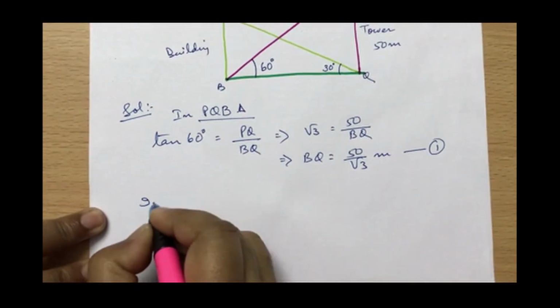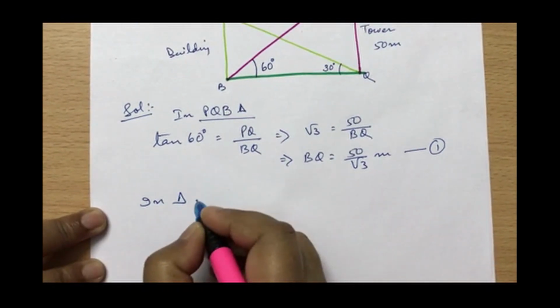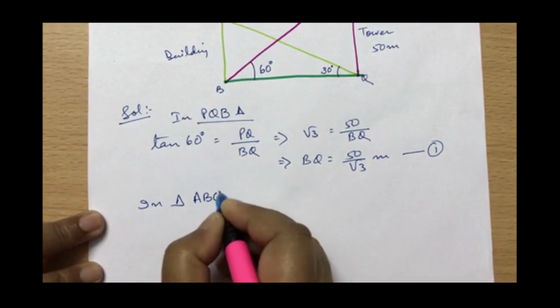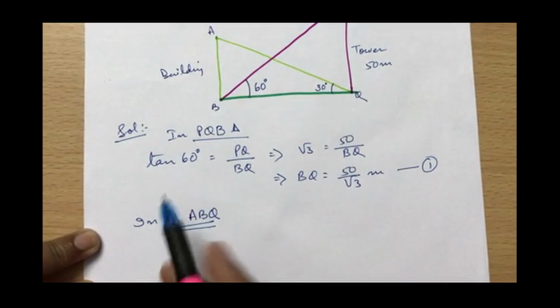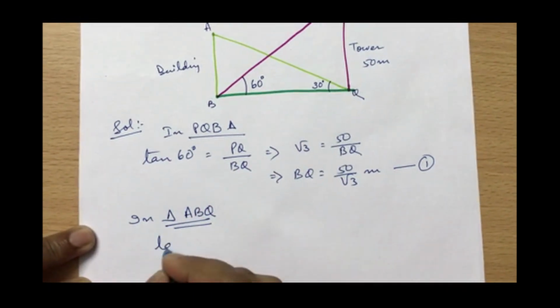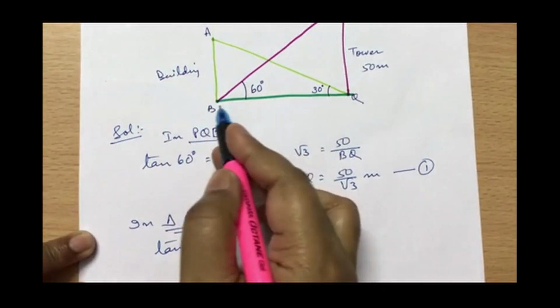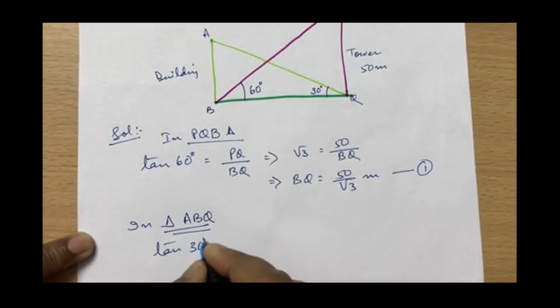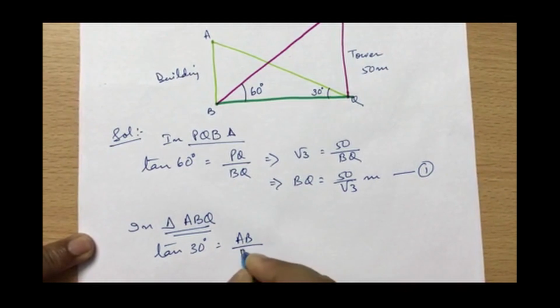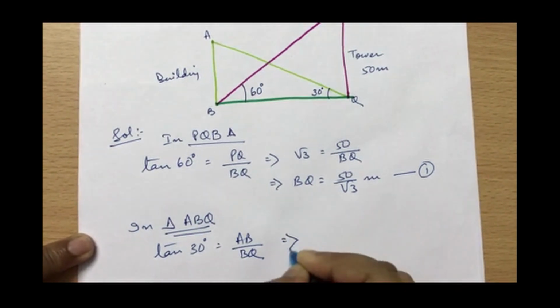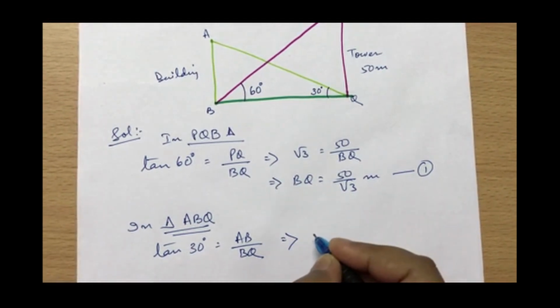Now, in triangle ABQ, so tan 30, because height and base, tan 30 is equal to AB by BQ. What is tan 30?